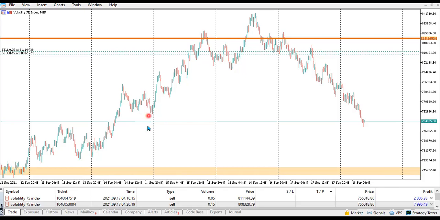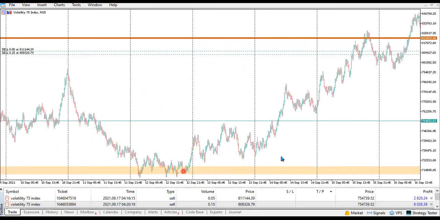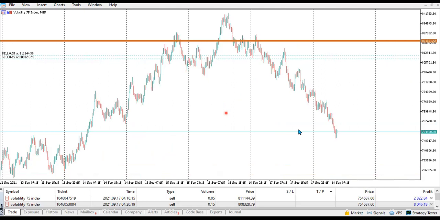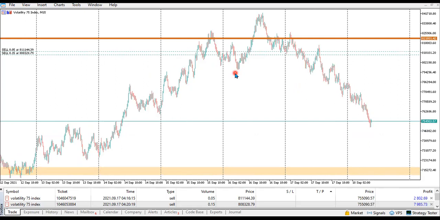So these are areas where I did take out profits, at different levels. Like I've told you, I've taken out a good amount of profits. But I'm looking ultimately for that point here, and then we can expect to see even a continuation downwards. Okay, but that's exactly what goes on, guys.